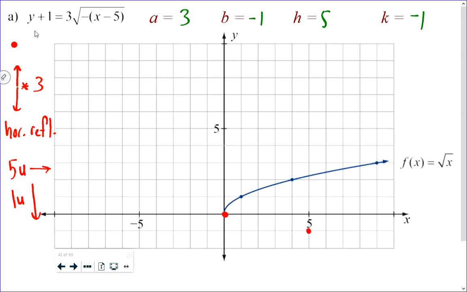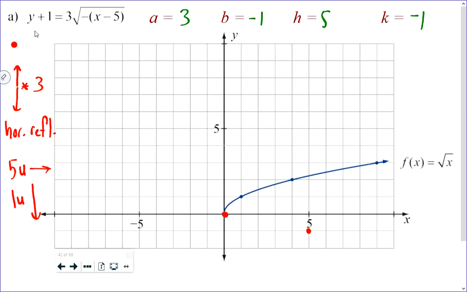I'm just jumping to the end conclusion that the vertex will be at h comma k, just like it would be for a parabola. Remember last year we said the vertex of a parabola is always at p comma q? Well, p is h, q is k. The vertex is at h comma k. The vertex here will be at h comma k. So that's just a point I want to make to begin with.